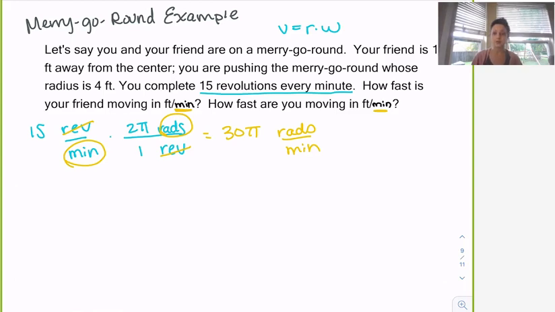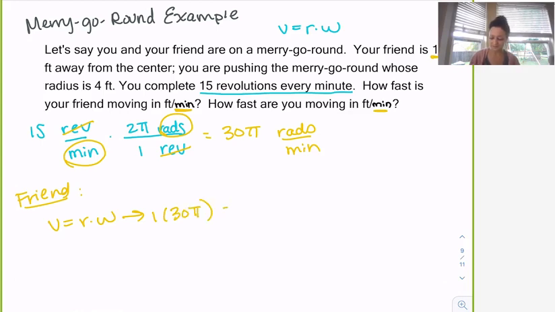Okay, so the first part says, how fast is your friend moving? So if I plug this into V equals R times omega, well, my friend's radius is 1, and we have the same angular speed of 30 pi.